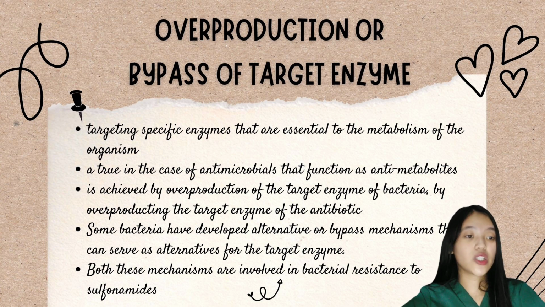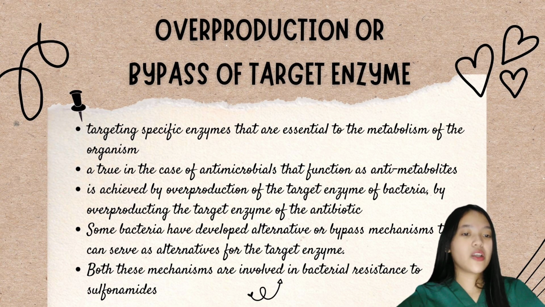By overproducing the target enzyme of the antibiotic, there will still be enough of the enzyme that is free from the antibiotic, allowing the organism to still carry out the essential enzymatic reaction. Some bacteria have developed alternative or bypass mechanisms that can serve as alternatives for the target enzyme. Both these mechanisms are involved in bacterial resistance to sulfonamides.